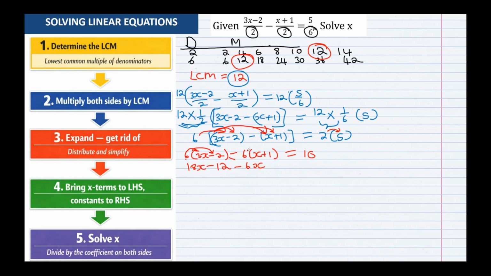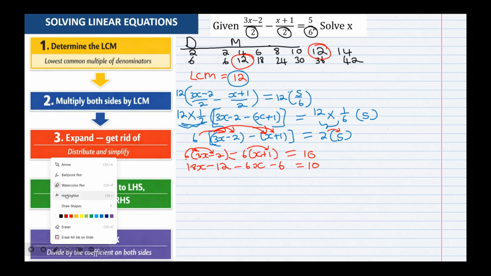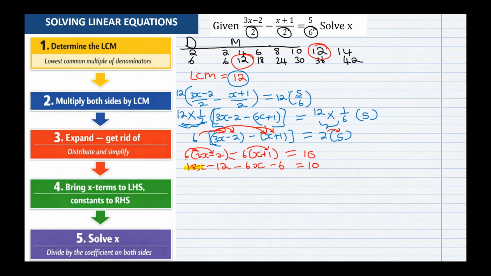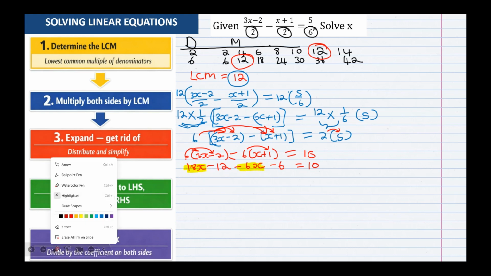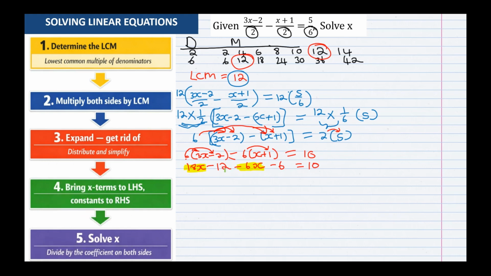And that equals 10. So now we're going to collect our like terms. So here we have 18x, we have minus 6x here, right? So those are our values with variables. And then now the constants are minus 12, minus 6, and then 10, right? So now we're going to add these ones.